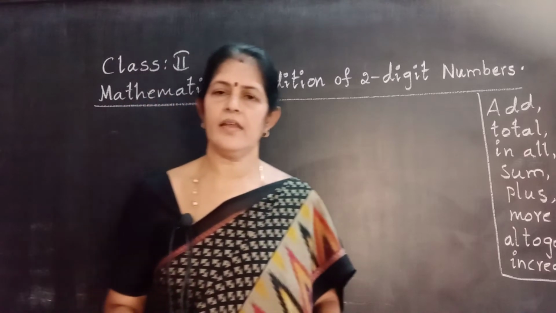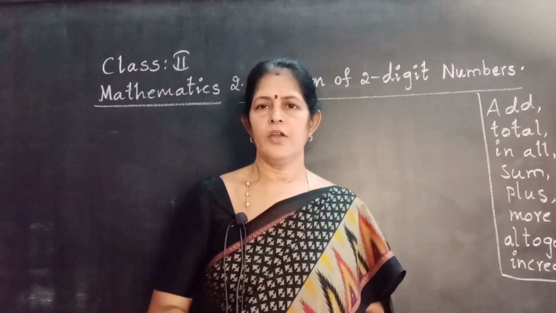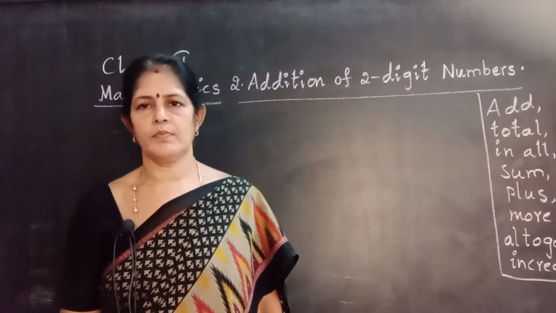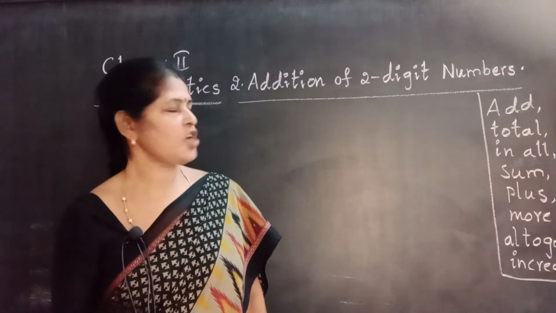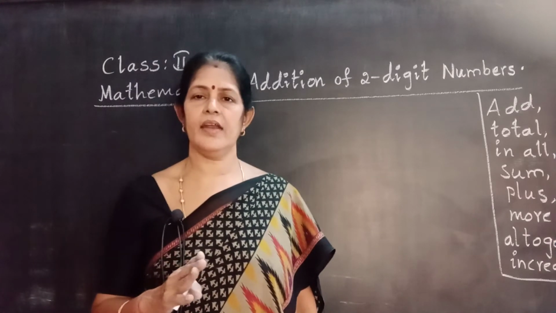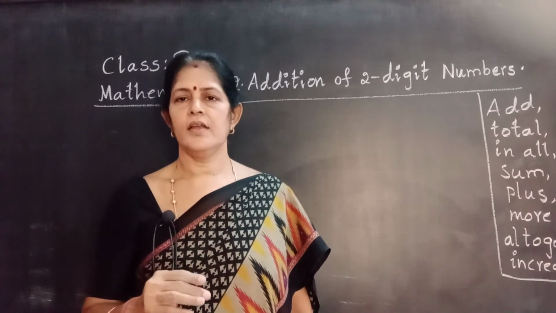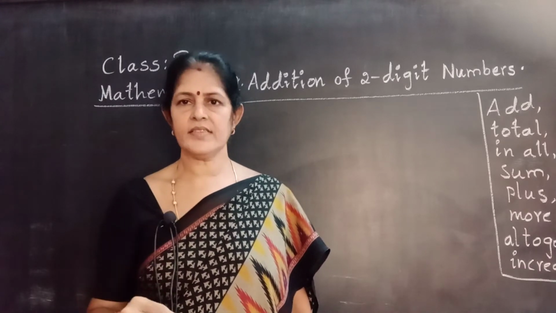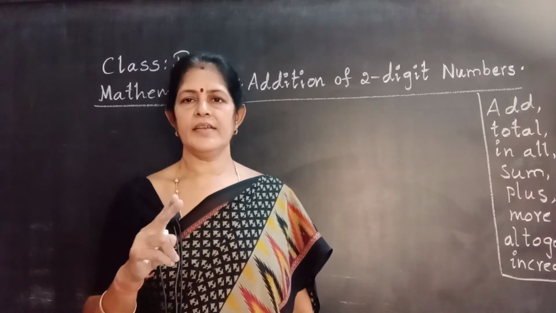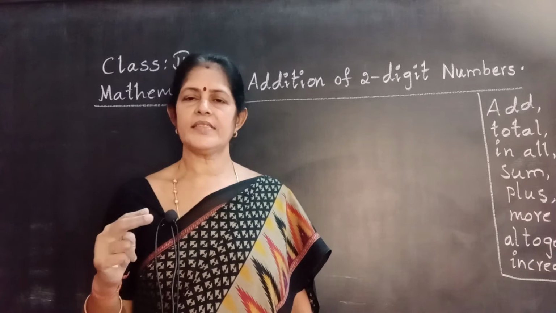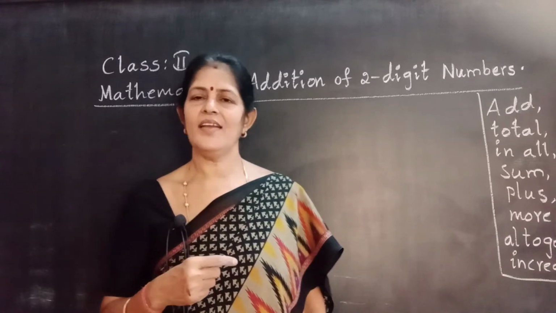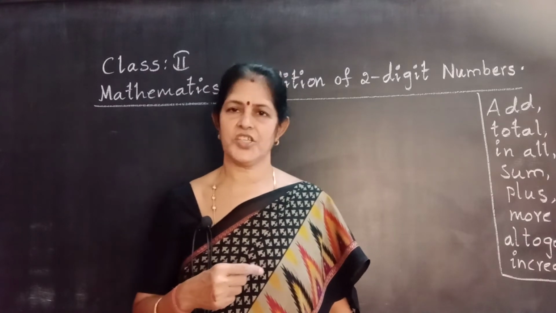Yesterday I explained a word problem. Today I am going to give textbook exercise problems. See, in this chapter you already learned two-digit numbers, two lines and three lines, without regrouping, and two-digit numbers, two lines and three lines, with regrouping, and verifying addition.